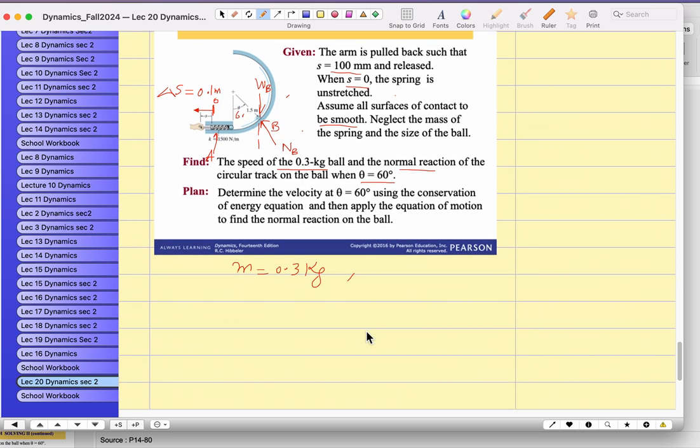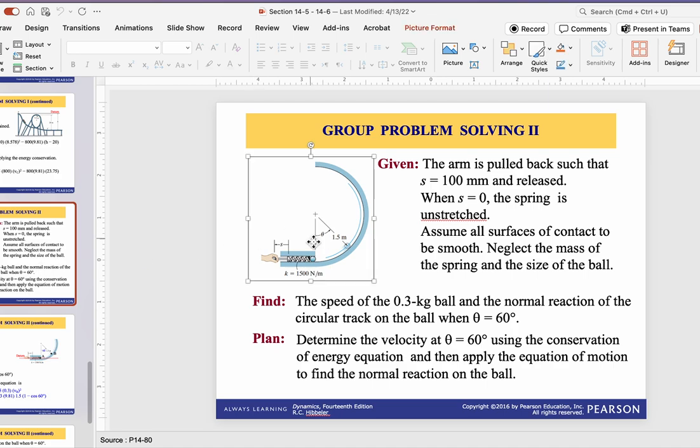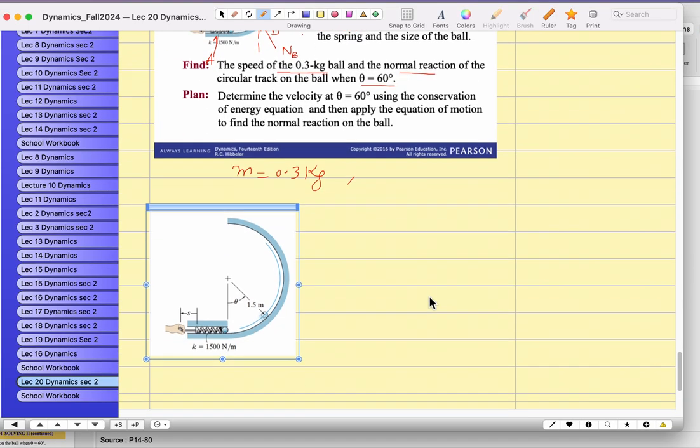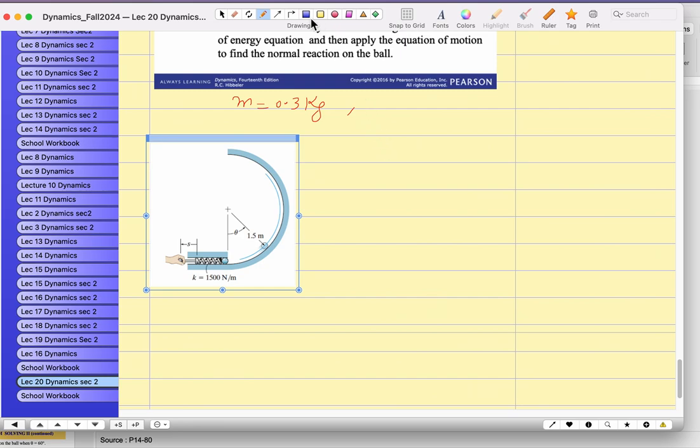So let me draw it over here again, to draw the free body diagram to explain it to you again. So what are the forces acting on it? The force due to the gravity, force due to the guide. This one we have to find out.